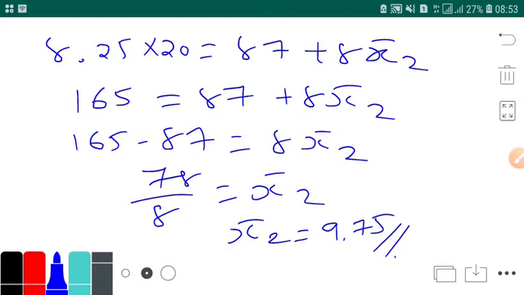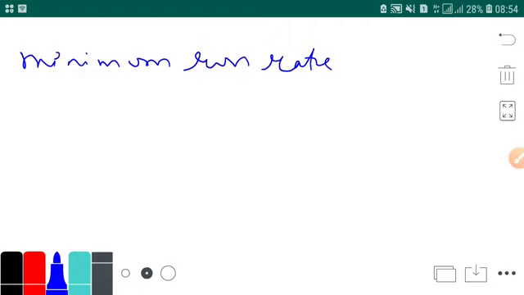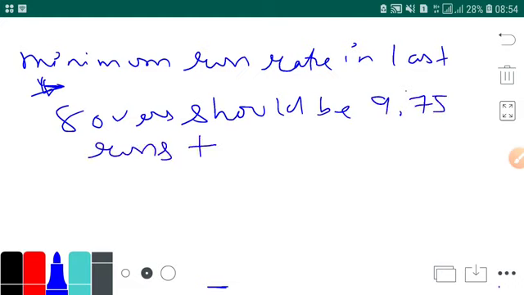What this 9.75 means is that the minimum run rate in the last 8 overs should be 9.75 runs to win the match.